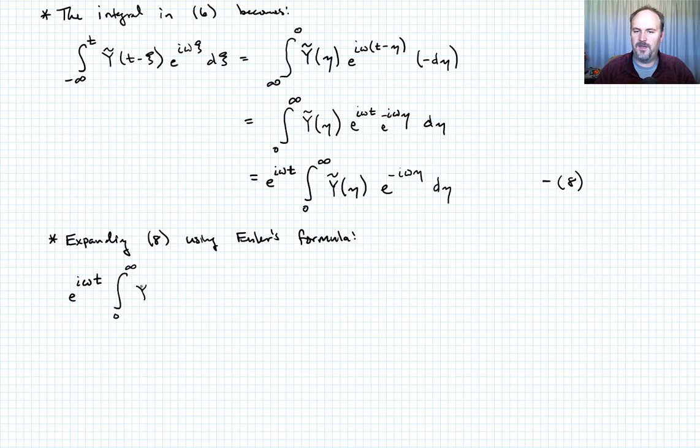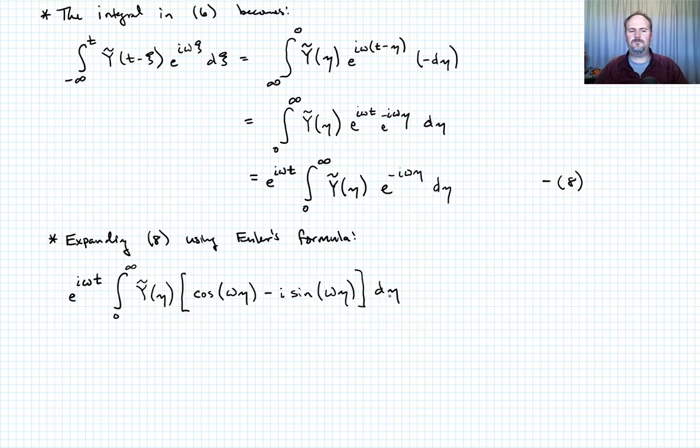And this becomes y tilde of eta times the cosine of omega eta minus i times the sine of omega eta, d eta. It's not really an equation, I'm just going to label it 9. That's the expansion of this last term.